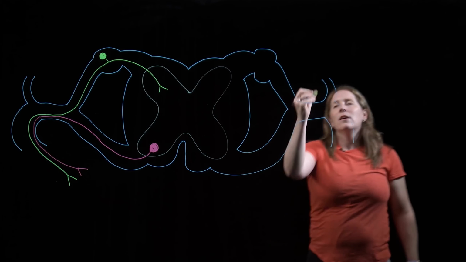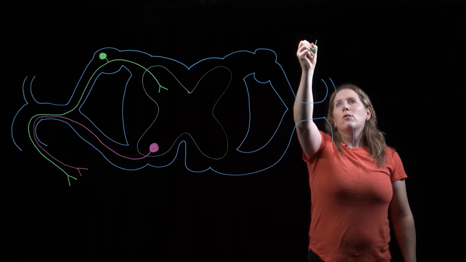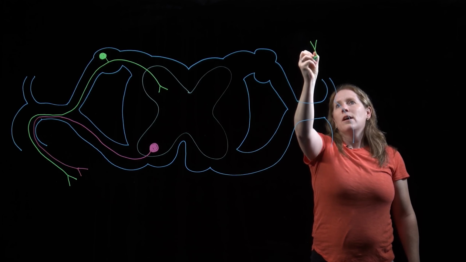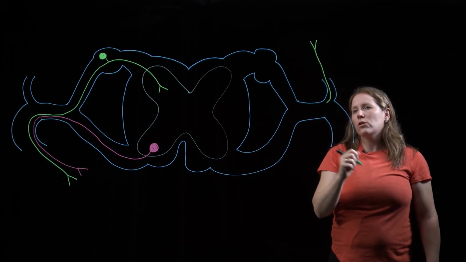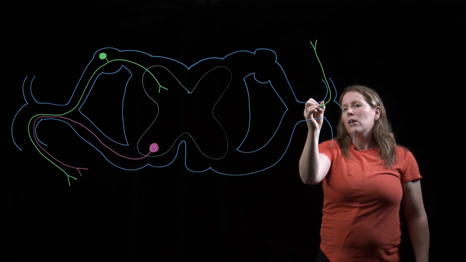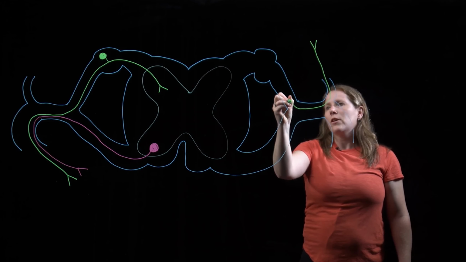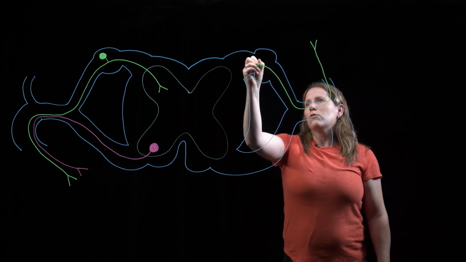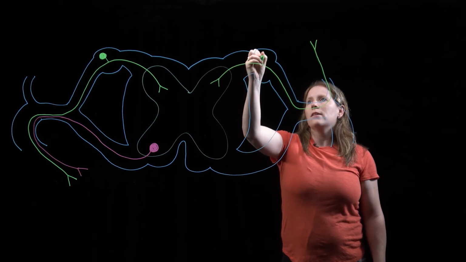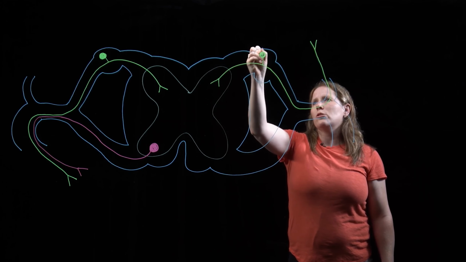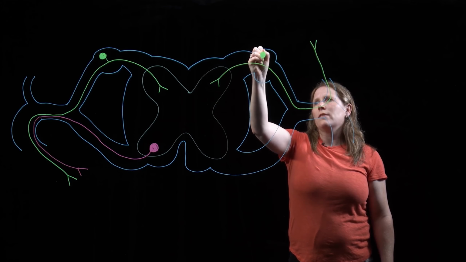Now this whole pattern can happen on the other side if we think about something coming from the back. So skin on the back, for example, if it's going to pick up some sensation, you will have a sensory neuron coming along the dorsal primary ramus, along the spinal nerve, along the dorsal root, and into the dorsal horn. And again, a cell body helping to contribute to that dorsal root ganglion.